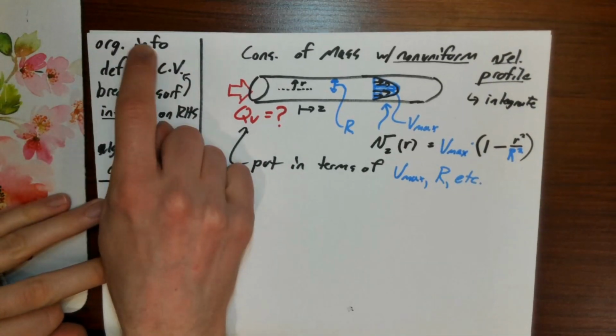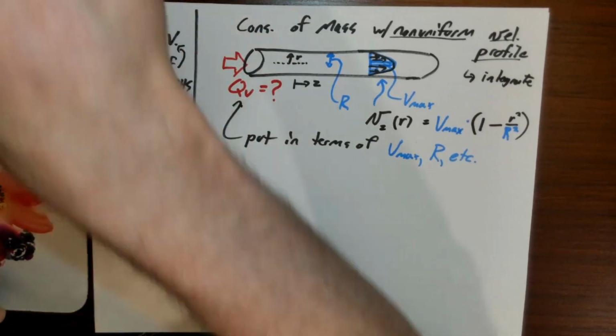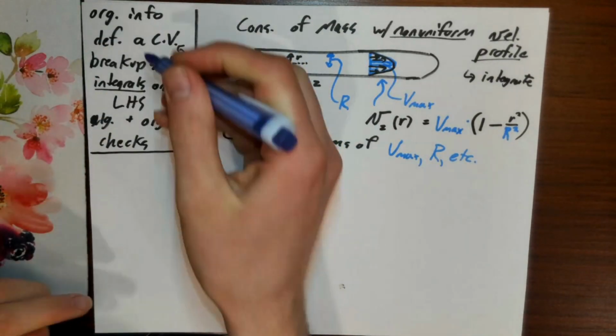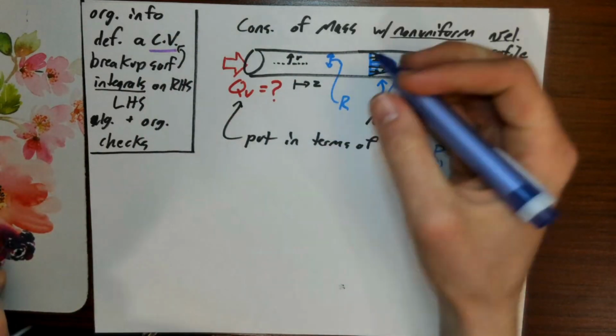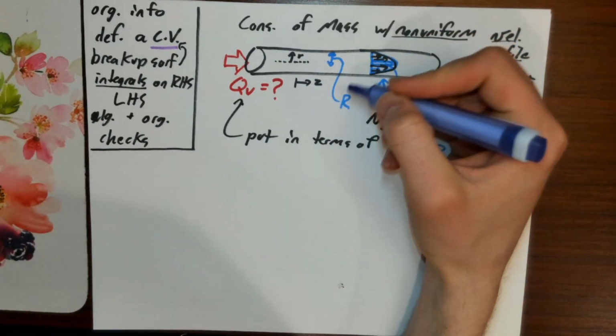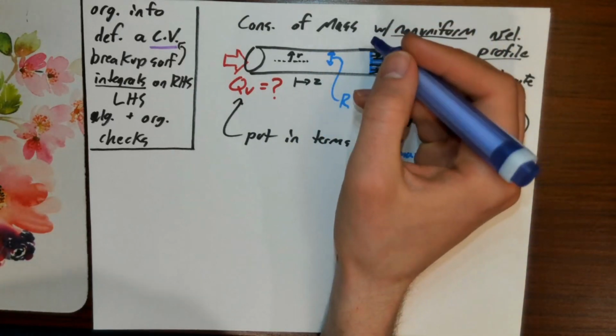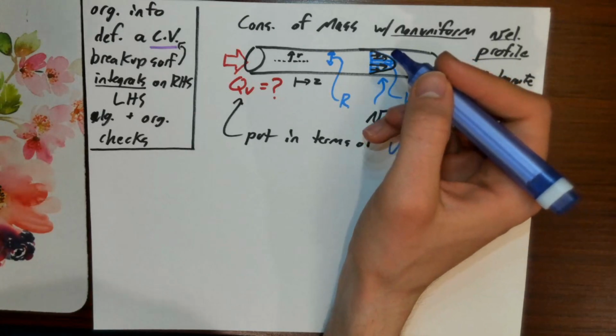All right, so we've organized our problem info and we've defined some goals. The next step is going to be to define a control volume. And of course, we're going to use purple to define our control volume. So let's define our control volume in a very sensible way.